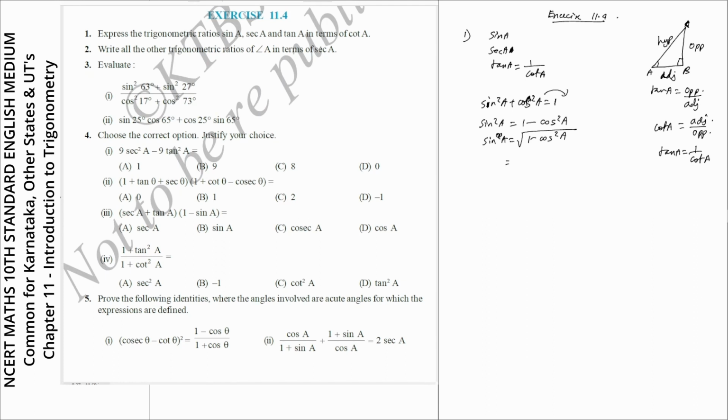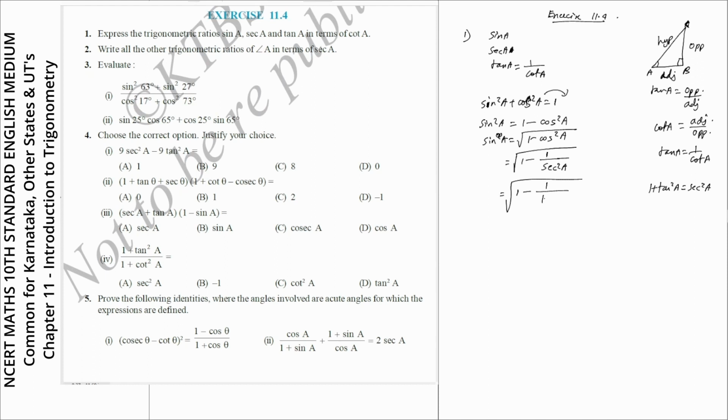So what is cos? Cos is nothing but 1 by secant A. So this is 1 by secant square A I'll get. Now this is equal to square root of 1 minus 1 by secant square A. What is secant square A? There is another identity. What is that identity? 1 plus tan square A is equal to secant square A. This is one of the identities.